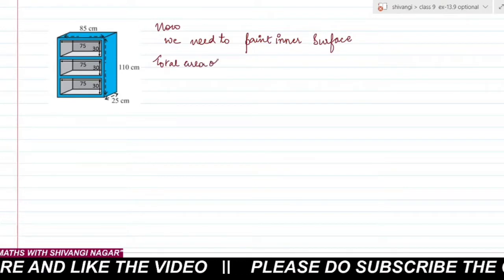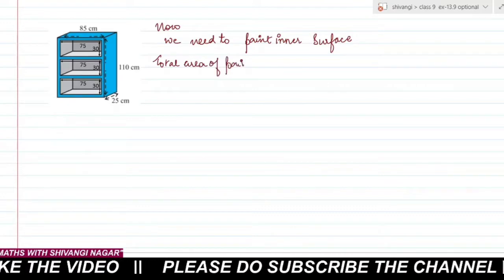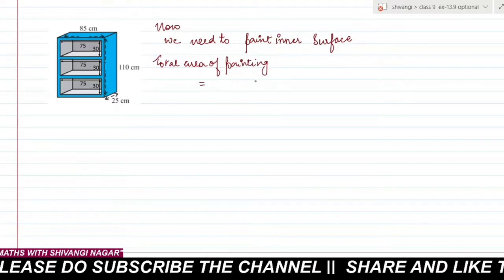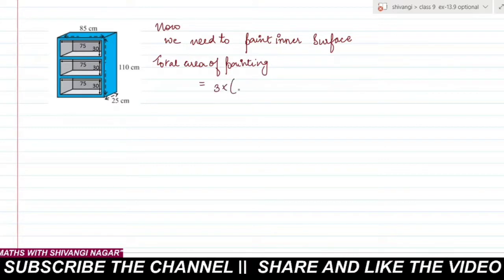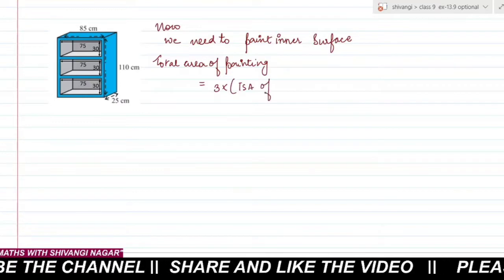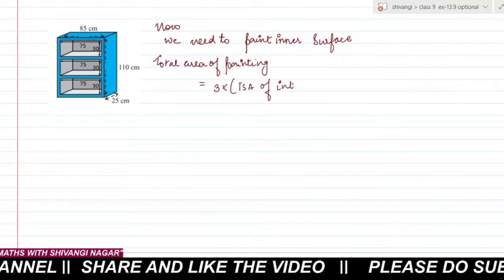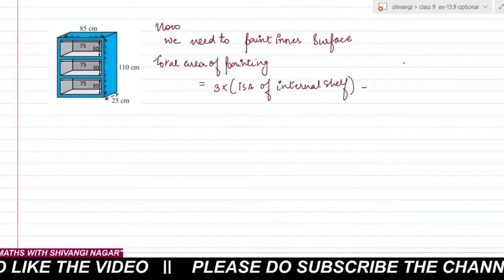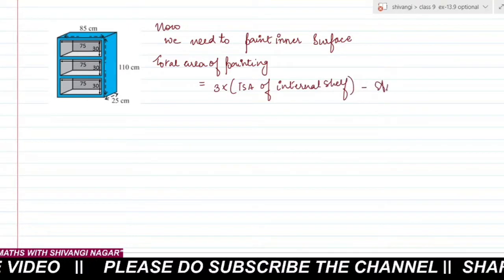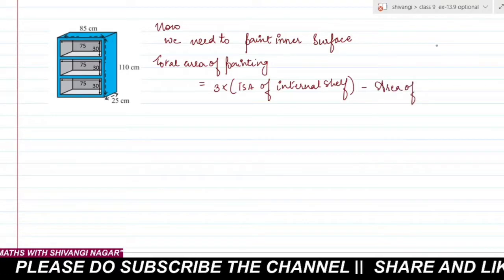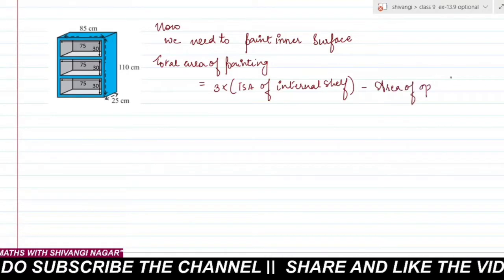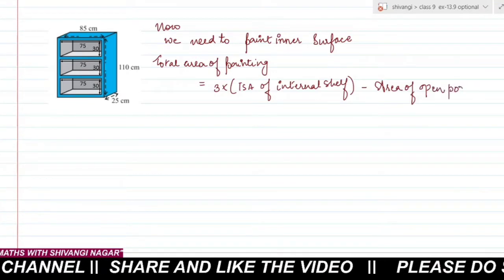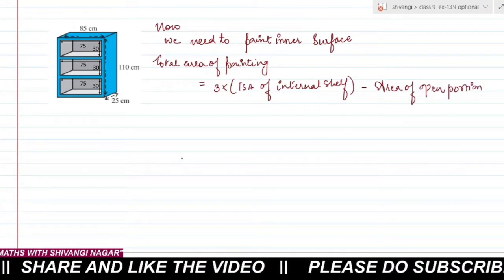Total area of painting is, can I say it is equal to 3 times the total surface area of the internal shelf minus the area of the open portion. See what I have written here.